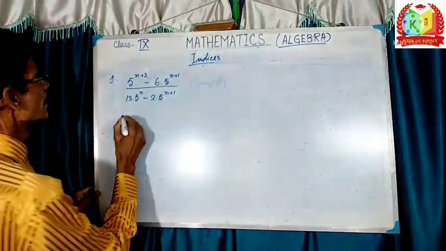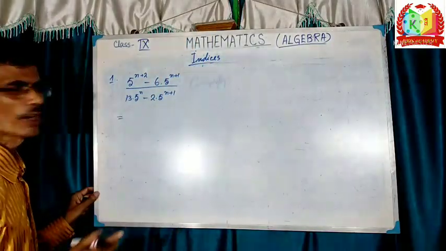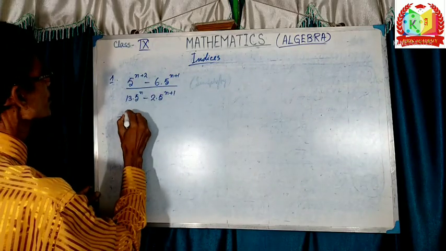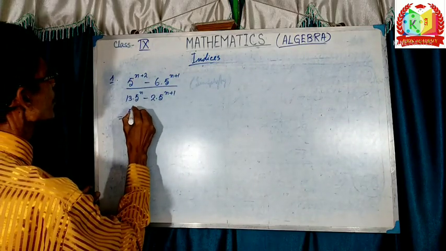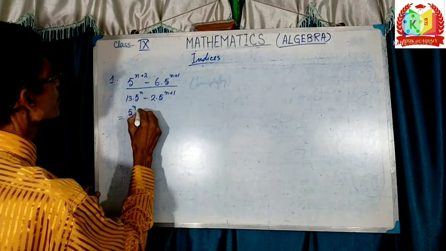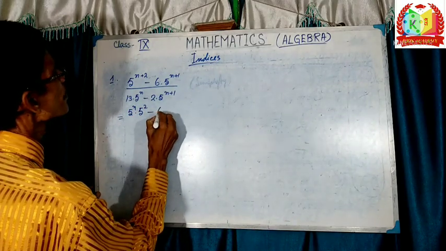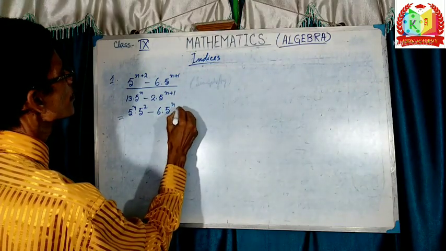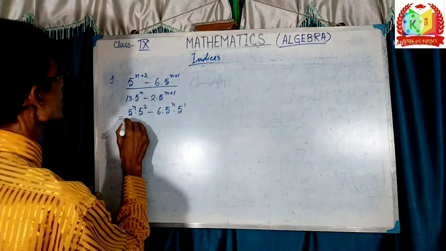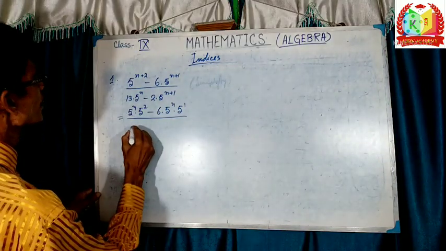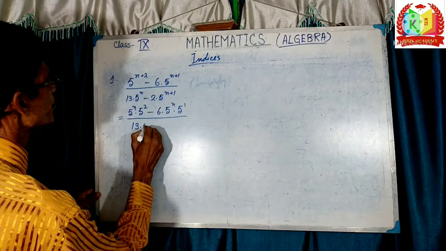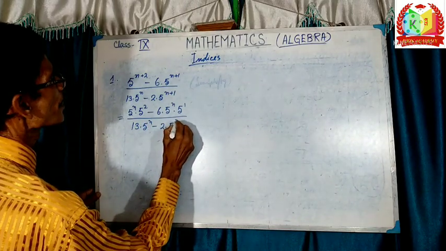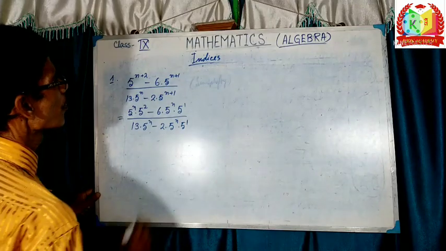Now recall the laws of indices. 5 to the power n plus 2 equal to 5 to the power n into 5 to the power 2, minus 6 into 5 to the power n into 5 to the power 1, by 13 into 5 to the power n minus 2 into 5 to the power n into 5 to the power 1.